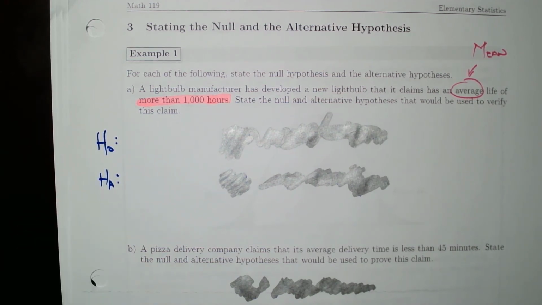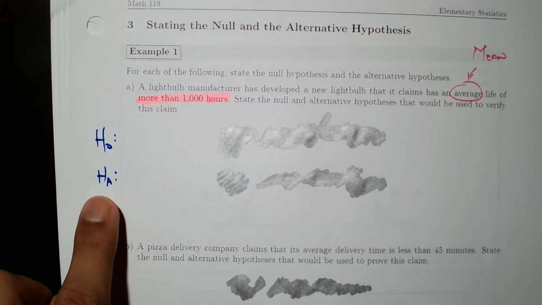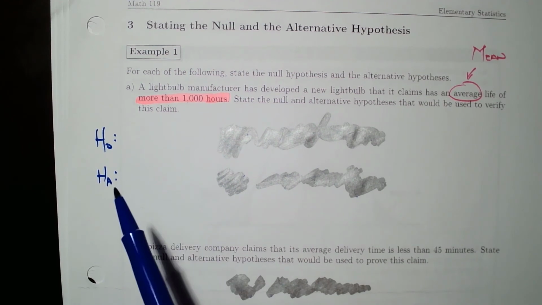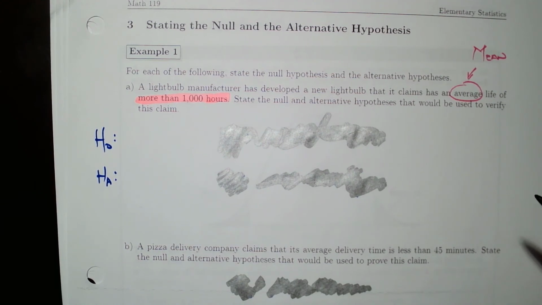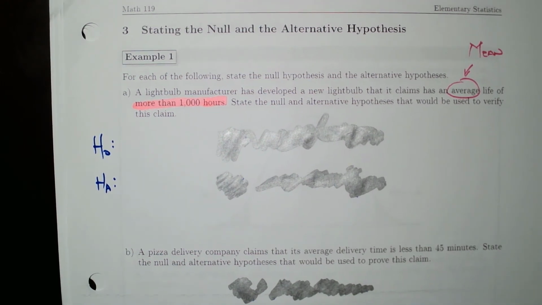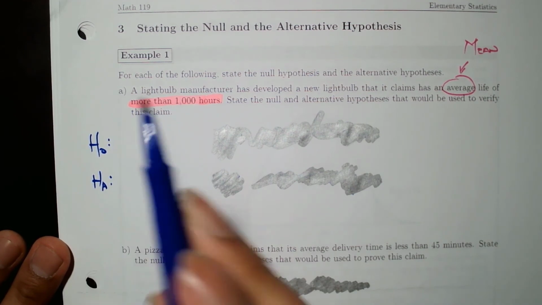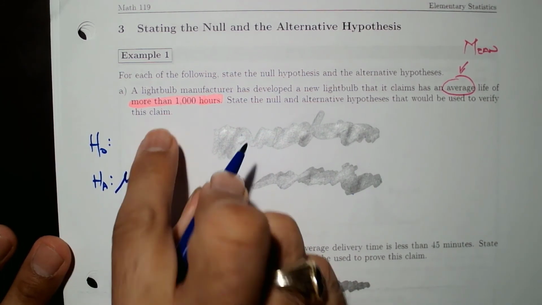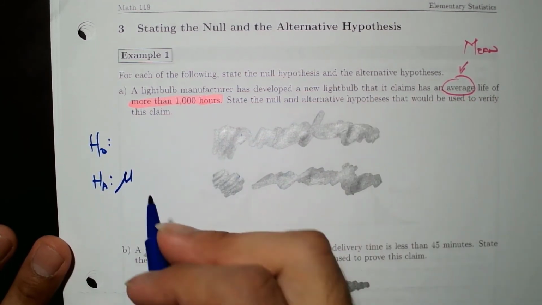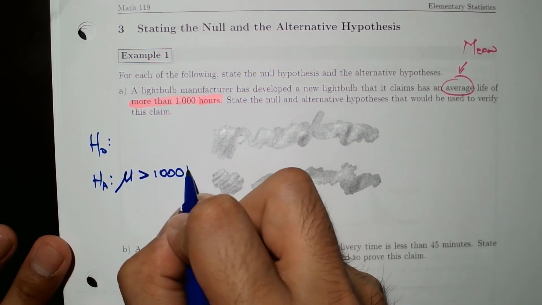Keep in mind, as we mentioned on the previous page, the alternative hypothesis is the one from the researcher or the manufacturer, or the one that is conducting something, that is coming up with something. In this case, the alternative hypothesis is that the average life of these light bulbs is more than 1,000 hours.